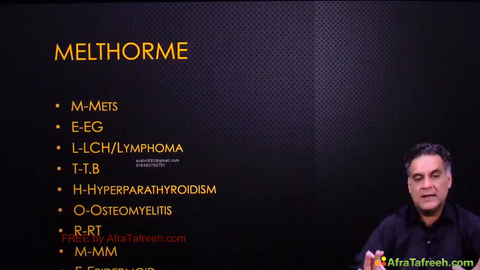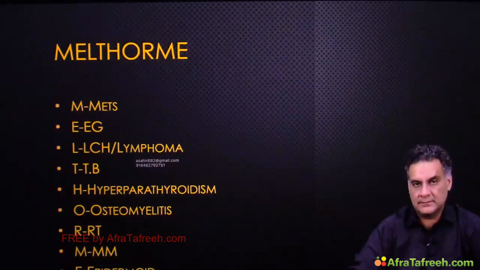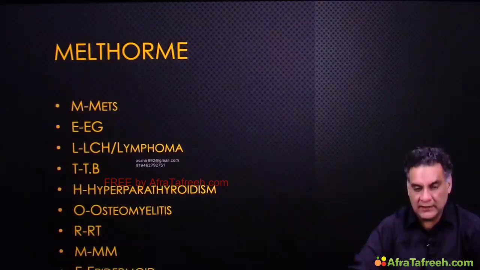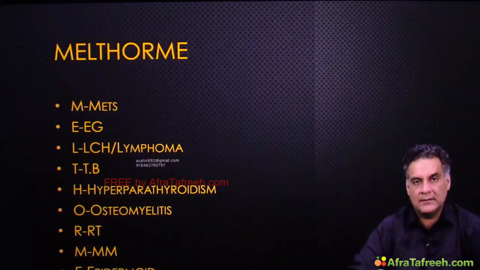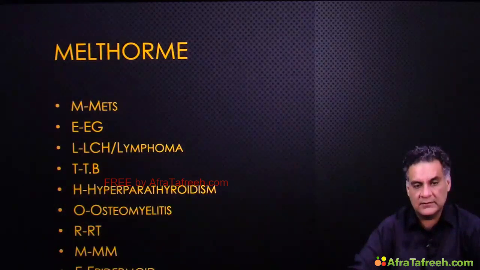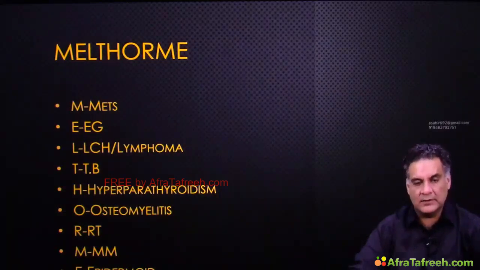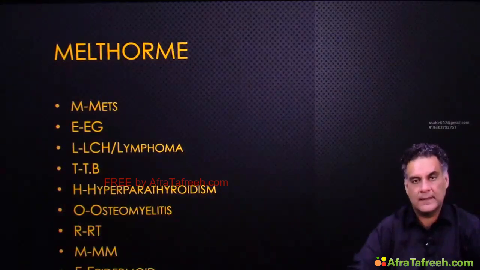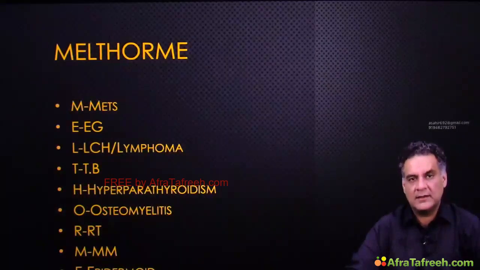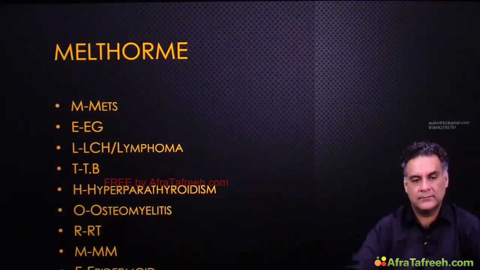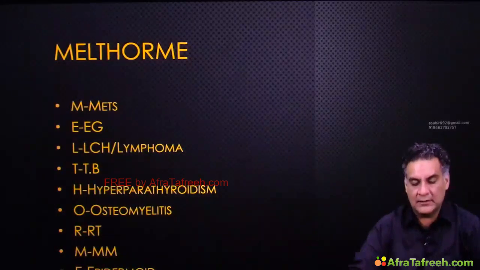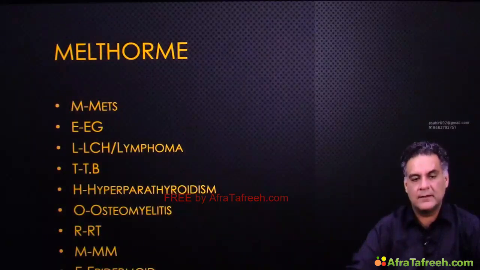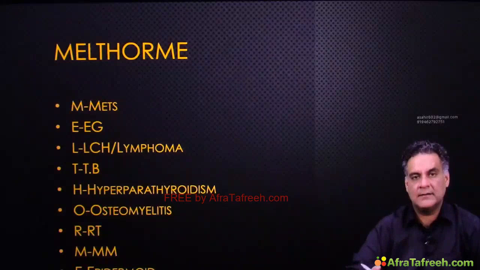Mel-Thorme has M for metastasis, E for eosinophilic granuloma, L for Langerhans cell histiocytosis, T for tuberculosis, H for rare cause hyperparathyroidism, O for osteomyelitis, R for radiotherapy, again M for multiple myeloma, and E for epidermoids.